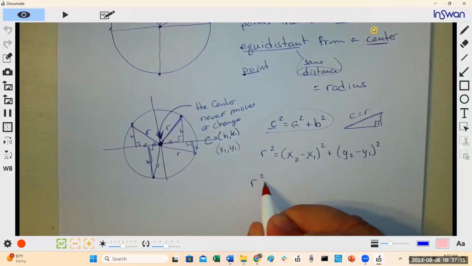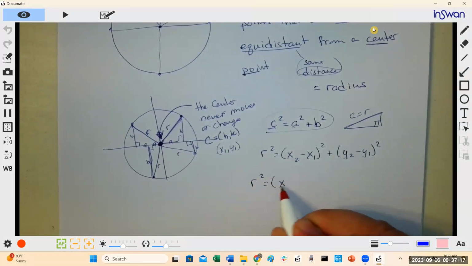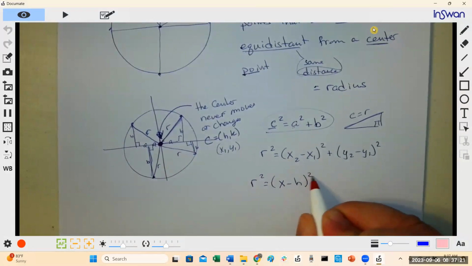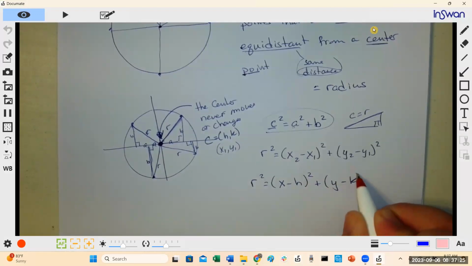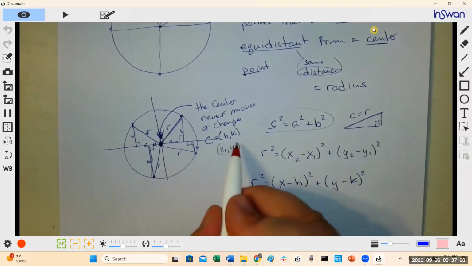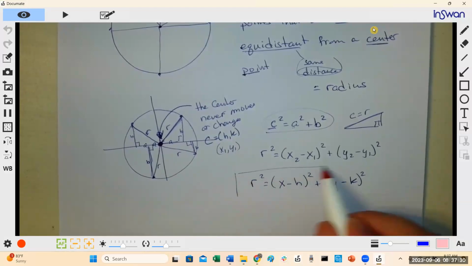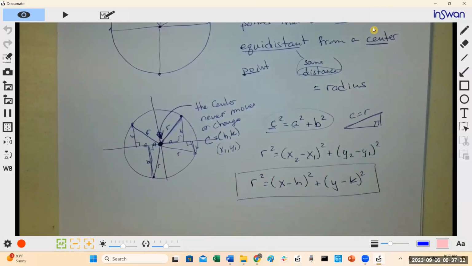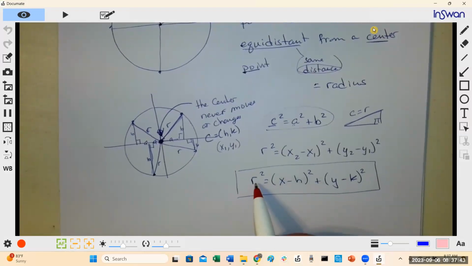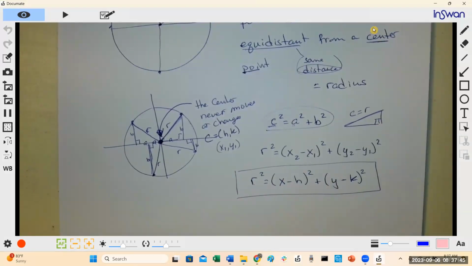So r squared equals x, because it could be any x, minus h squared, plus y minus k squared, because that's the y value. And that is the formula for a circle. It's the equation of a circle with radius r and center (h, k).